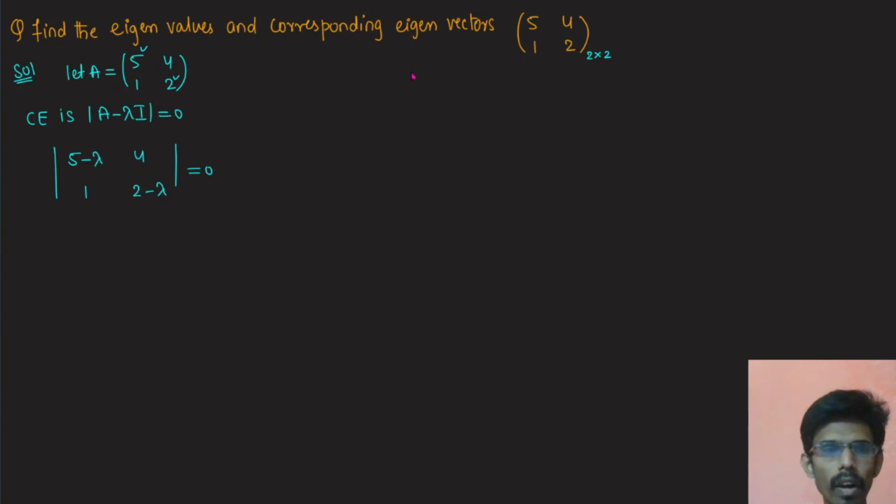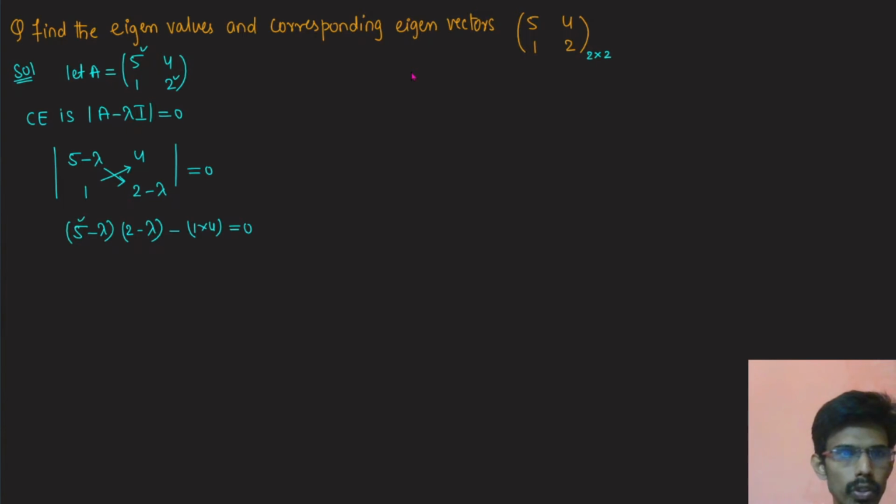Now we apply the determinant, that means AD minus BC. So applying cross multiplication, this into this minus this into this, we have 5 minus lambda into 2 minus lambda minus 1 into 4, equal to 0.